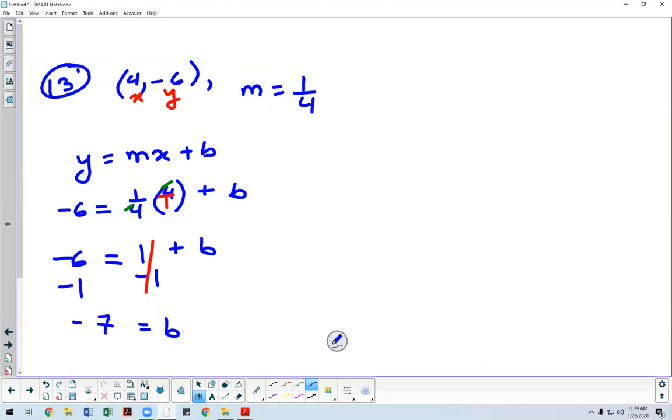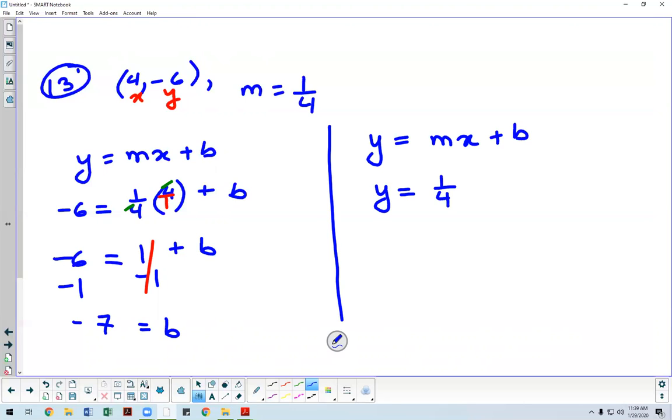So now that you have your b value, you just have to literally fill in the blanks. So y equals mx plus b is our slope-intercept form. We already know the slope because that was given to us. So that's going to be the 1/4. Now this time, your x and y will stay as variables, x and y. You don't plug in any value, and we know our b came out to be -7.